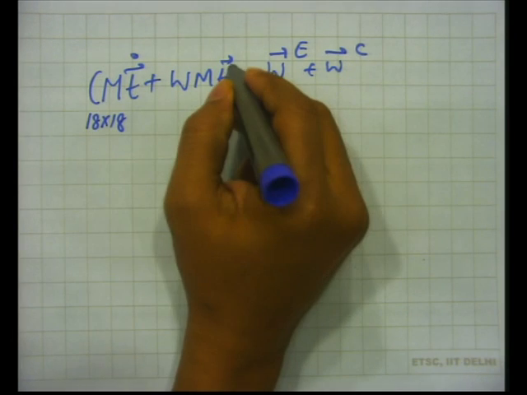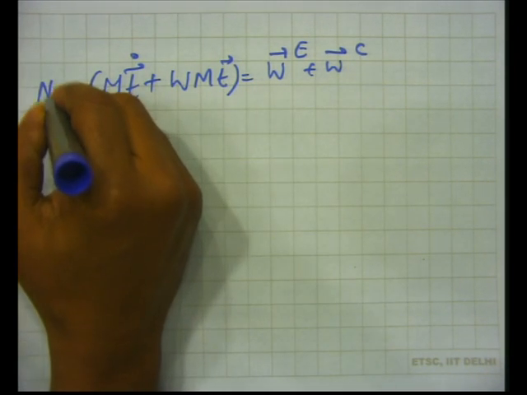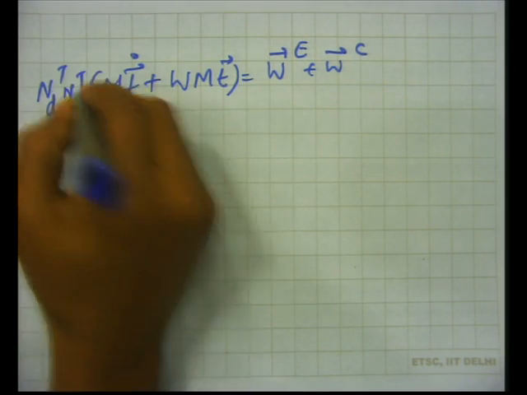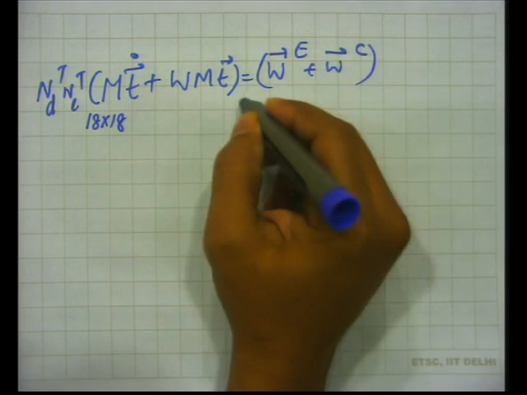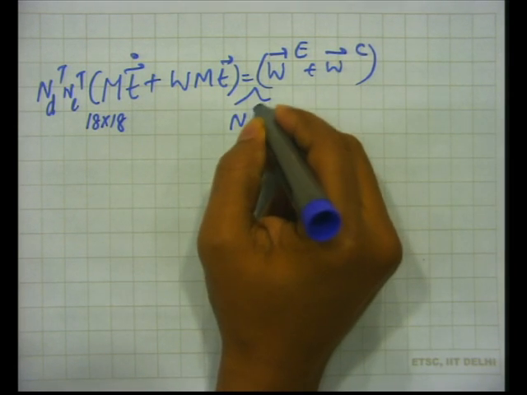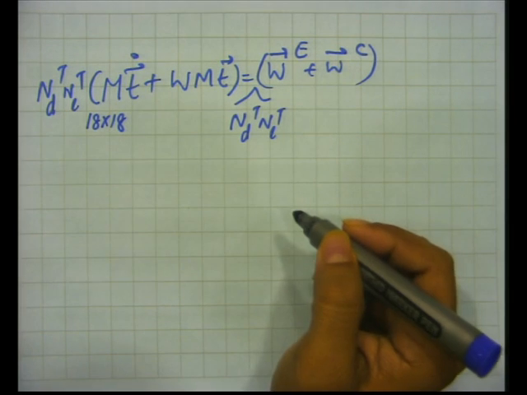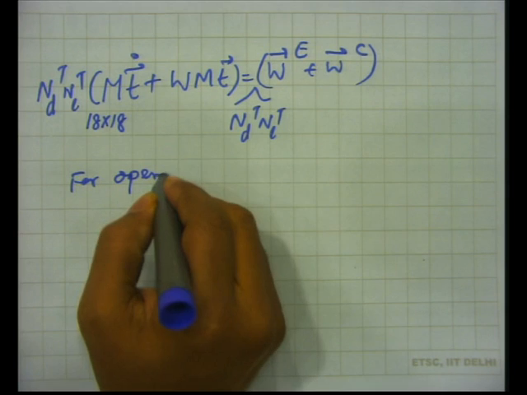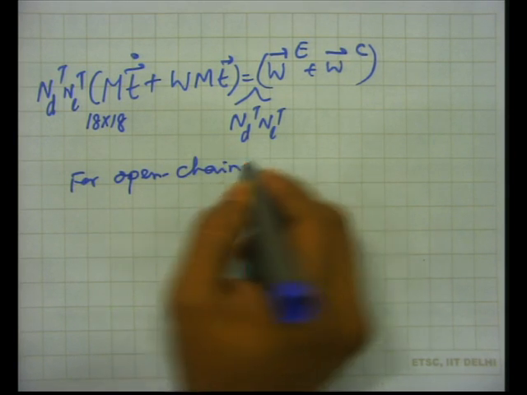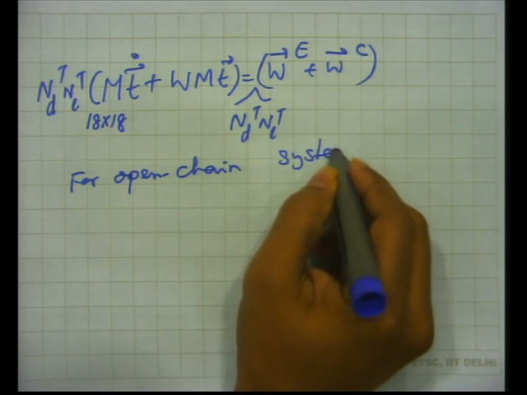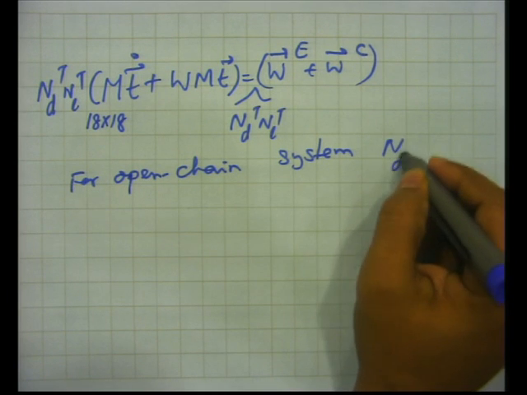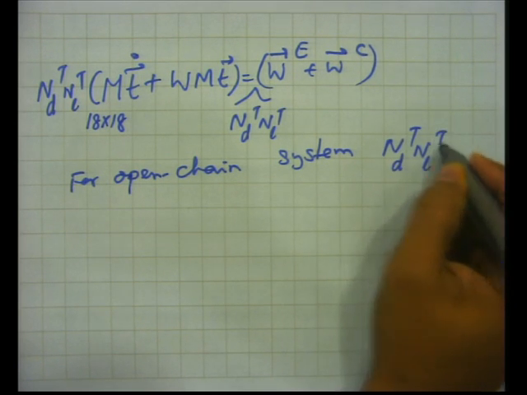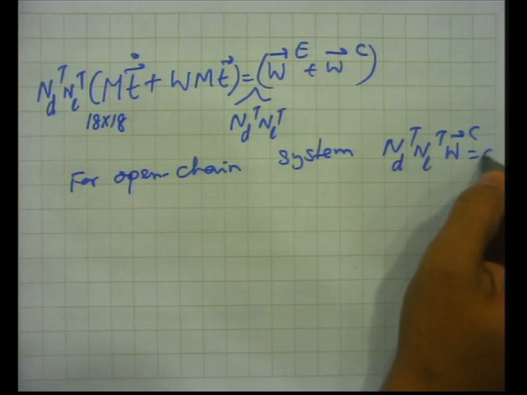We have seen in our serial system that if I pre-multiply N D transpose N L transpose, for an open loop open chain system, N D transpose N L transpose W C is equal to 0.